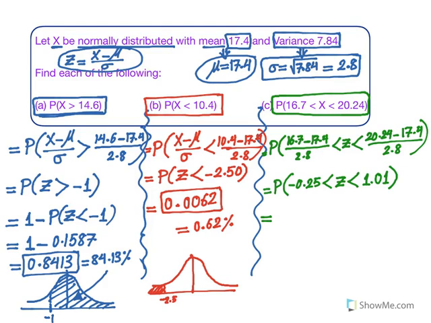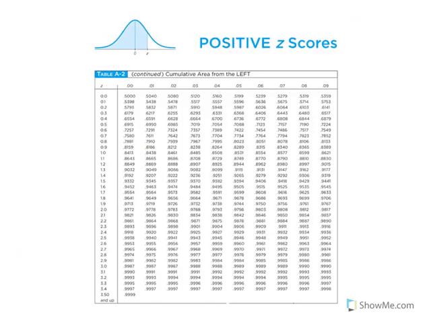So this, if you watched the previous parts, is the probability of z less than the bigger number, 1.01, minus the probability that z is less than the smaller number, negative 0.25. Let's go to the z-table to get these two. For 1.01, here is 1.0 and here is 1. We find the number 0.8438.